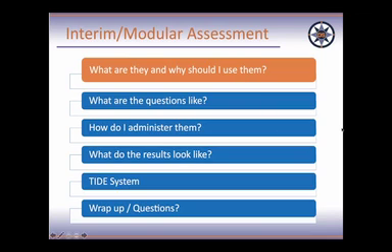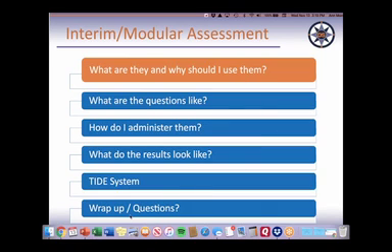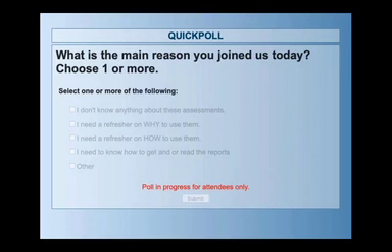Before we get into that, I'm going to give you the other poll. For some reason, it looks like I have 2 of them and it should only be 1. So if you could answer this: what is the main reason you joined us today? You could choose more than one answer. I would have left a space there for you to enter some comments, but I'm not sure you can do that with this. So what's the main reason you joined us?